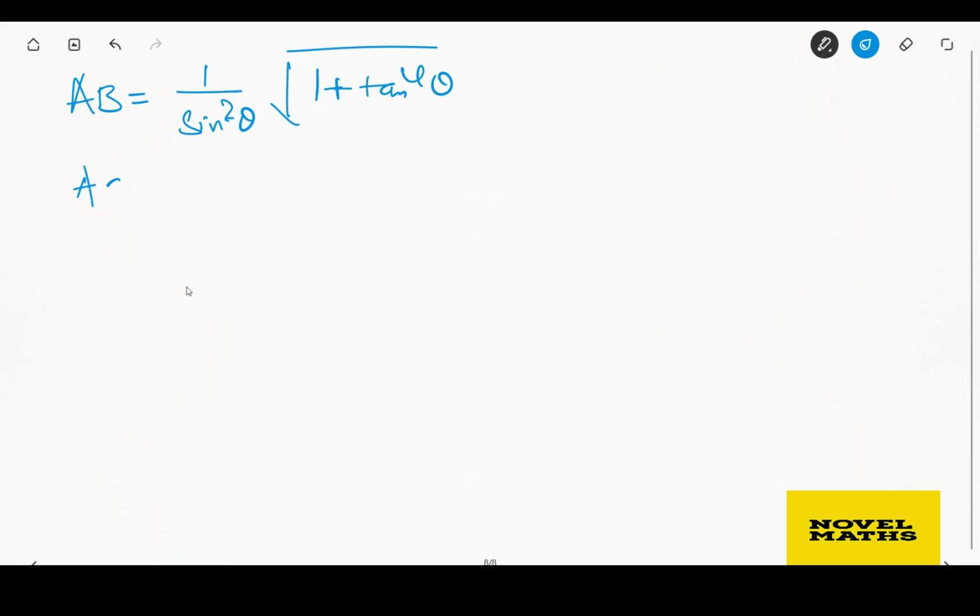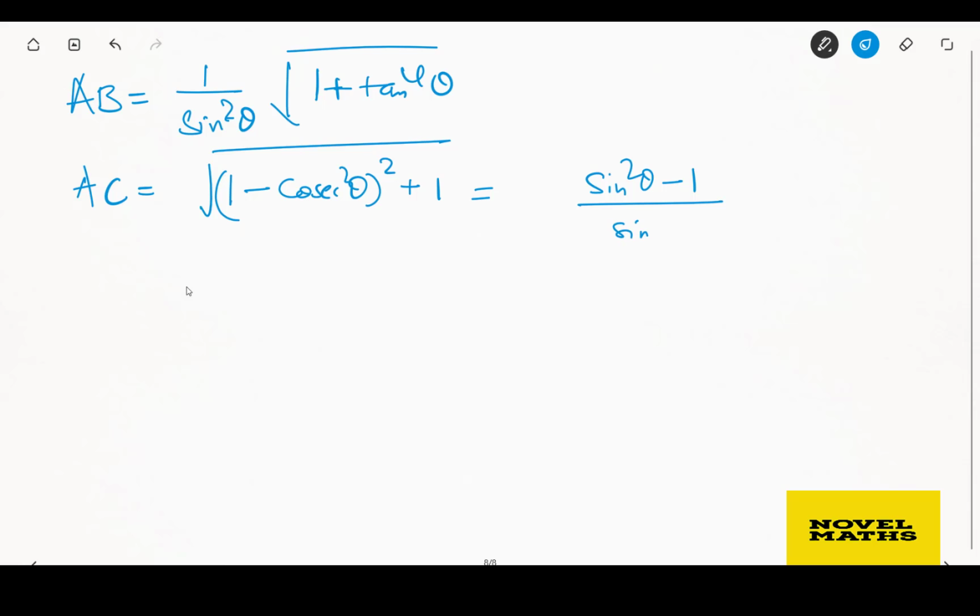The distance between A and C will be: 1 minus cosec square theta whole square plus 1 minus 0 whole square. Let's simplify this. This will be sine square theta minus 1 by sine square theta, plus 1 square, and this is obviously cos square theta. Since this is squared, it doesn't matter.